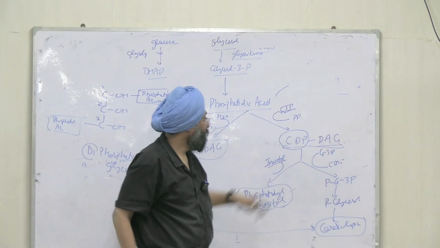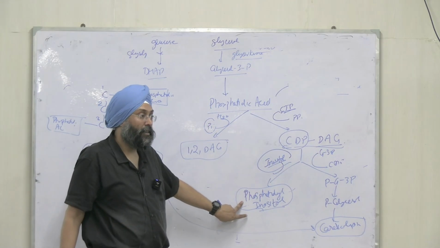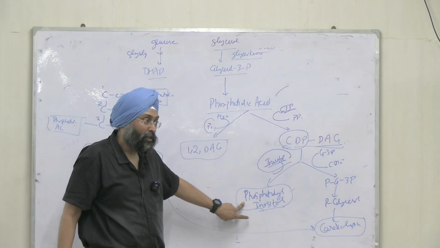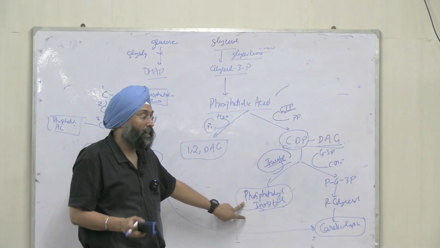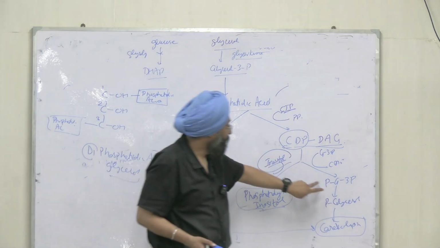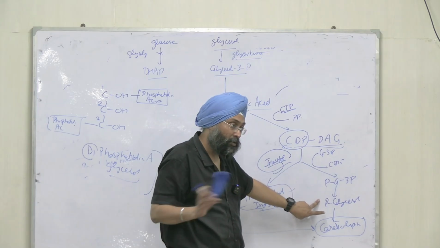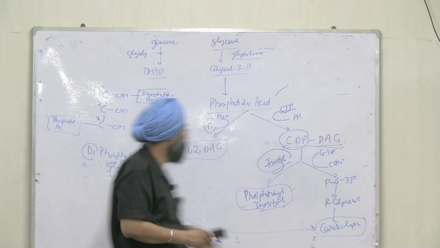In this molecule, when we attach inositol, we get phosphatidyl inositol. This is another phospholipid, used in the hormonal actions of vasopressin and oxytocin. And when we attach glycerol 3-phosphate, another glycerol, we'll get cardiolipin.